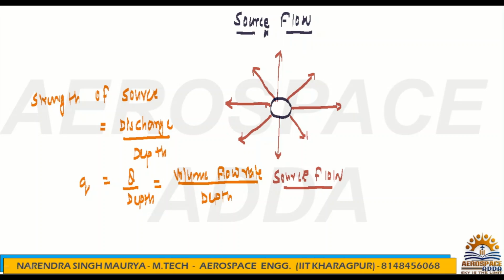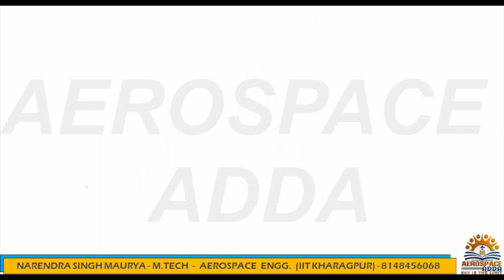So now onward, what is the discharge formula? Discharge is nothing but area into velocity.